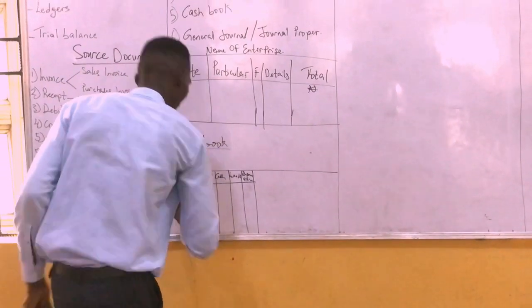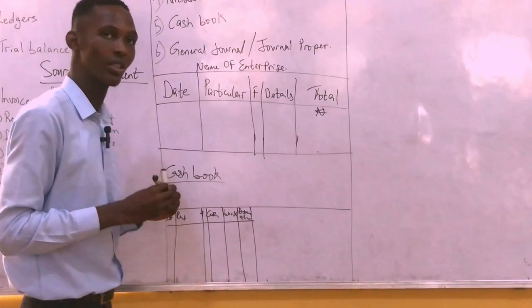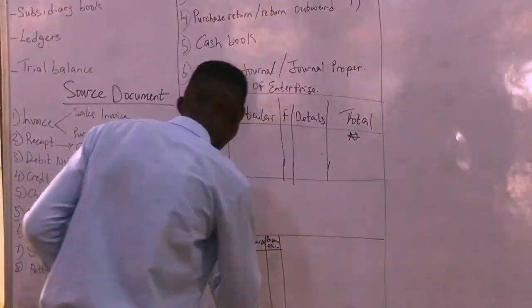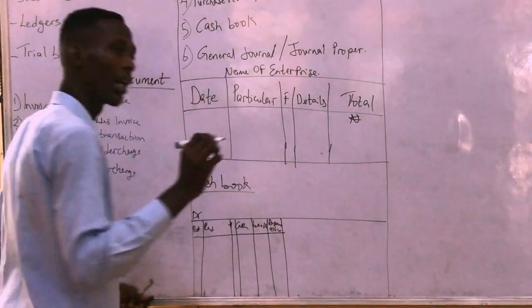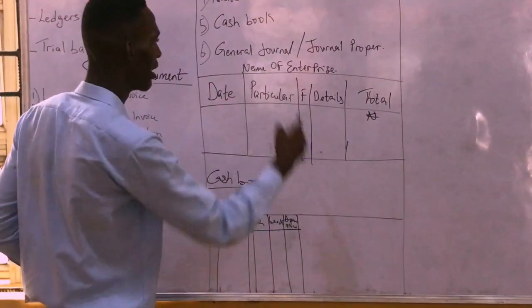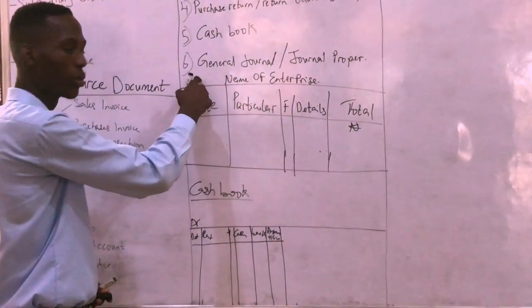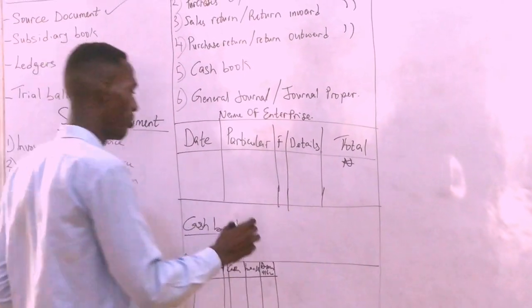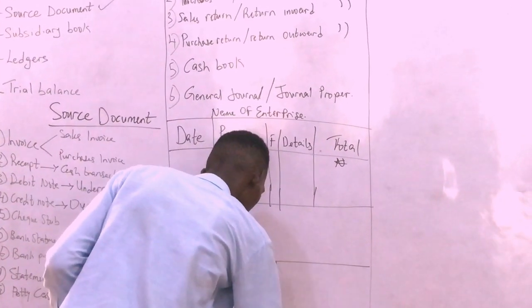So this is the debit. Can you see? It has a debit and a credit side. But for a normal day book, it does not have a debit and a credit side. It's just a single column or a memorandum account.